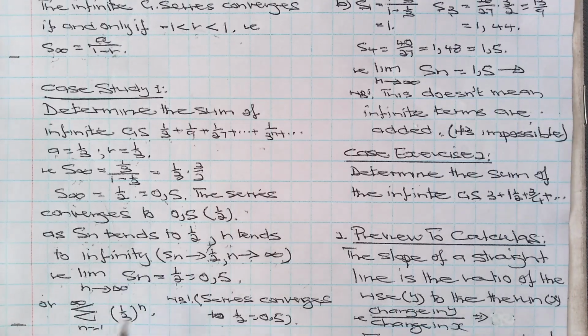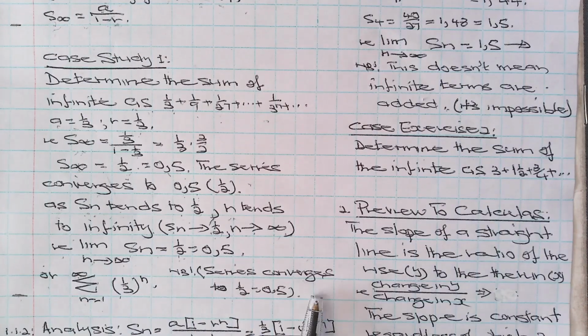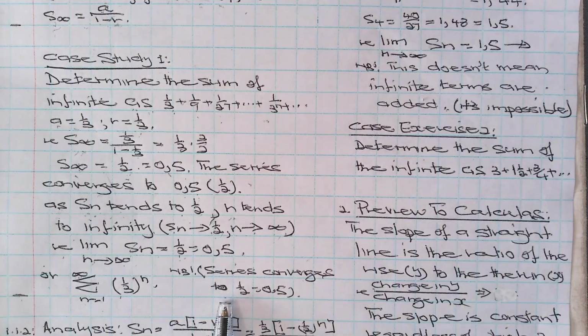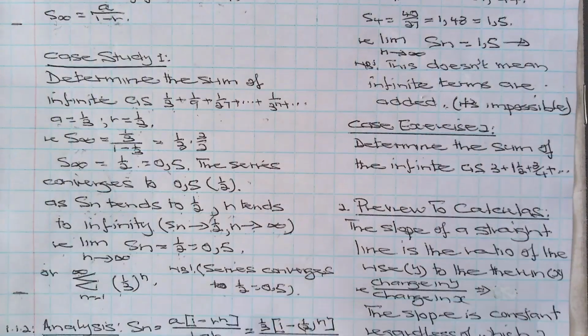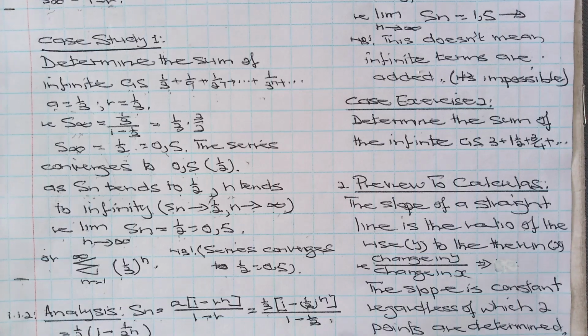My aim is to emphasize the importance of the limit. This series converges to half. Let's see, what do we talk about when we talk about convergence? Coming together towards a certain point.